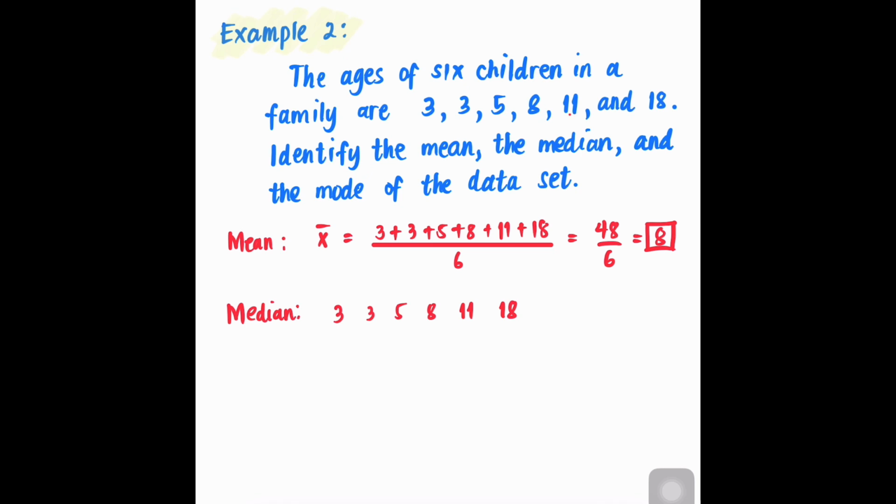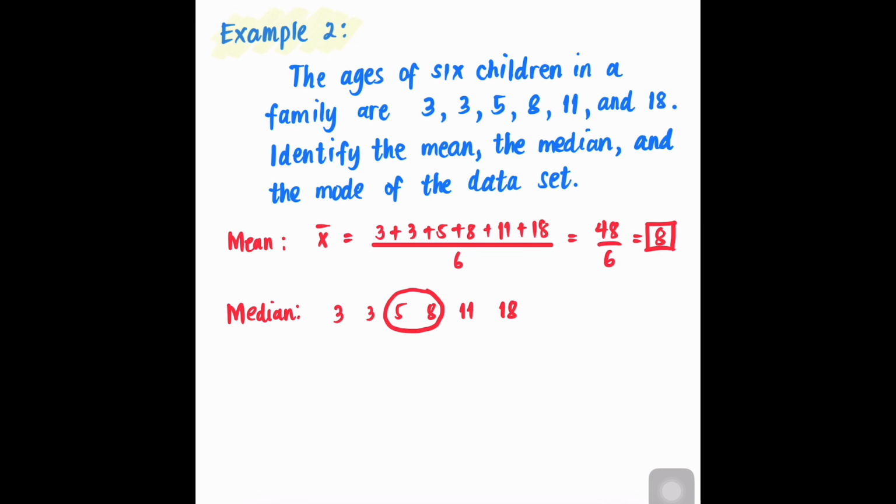Since the data values are already arranged in order, we can identify straight away what the median is. But in this case, since there are 6 data values given, definitely we're looking at these two numbers in the middle, which are actually 5 and 8.